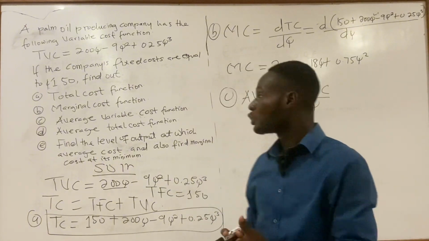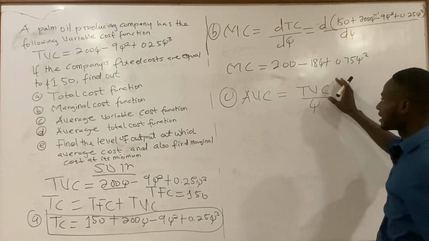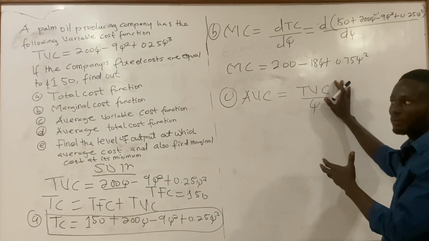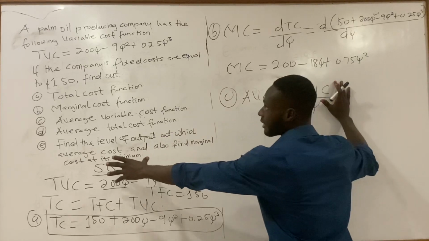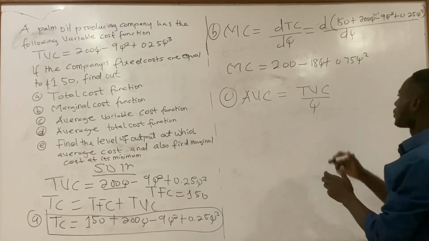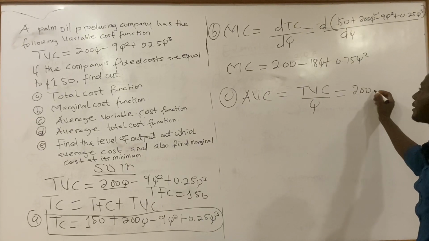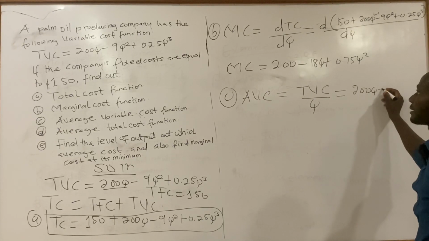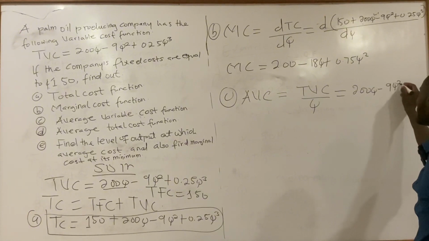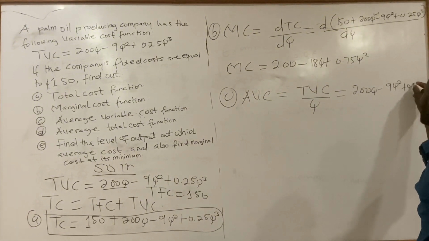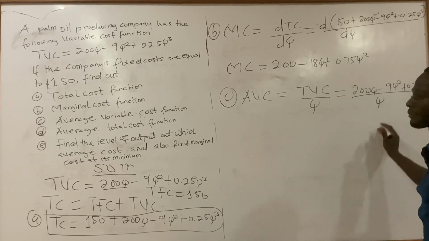Very easy. So you have your TVC, that is the total variable cost function, given in the question: 200q minus 9q squared plus 0.25q cubed over q.